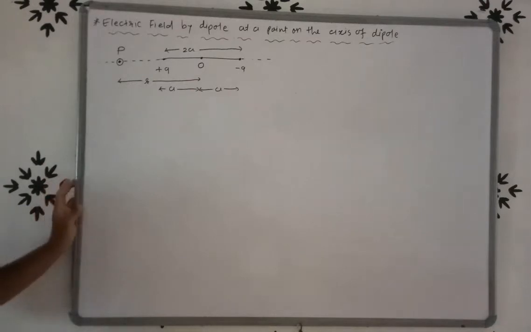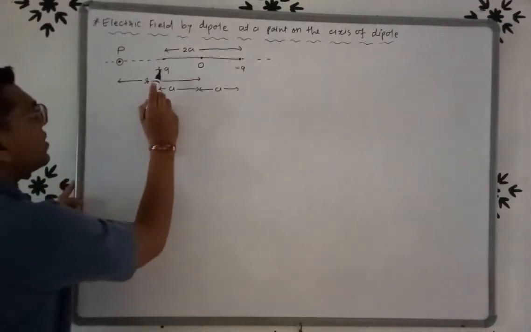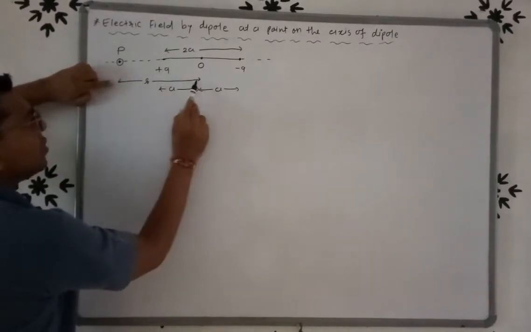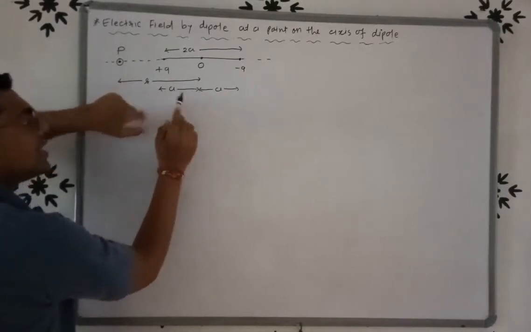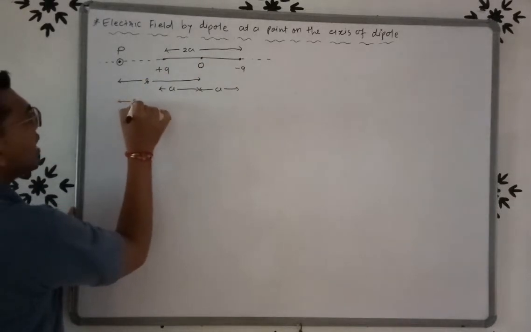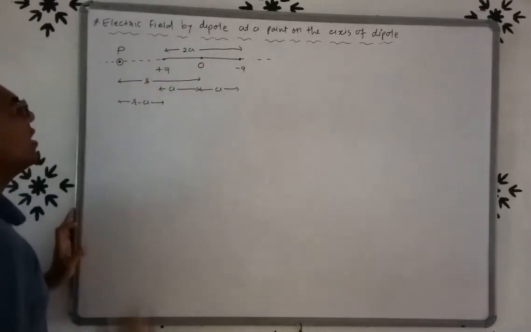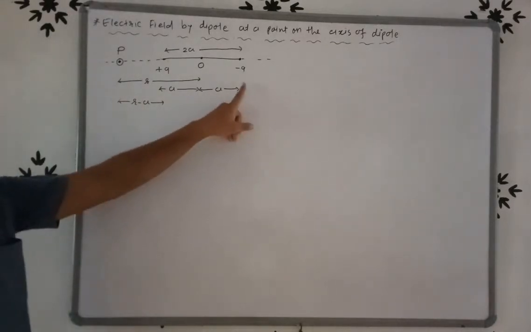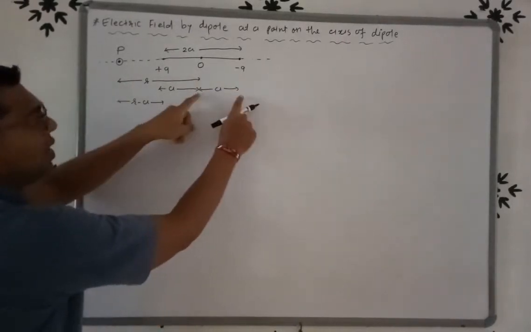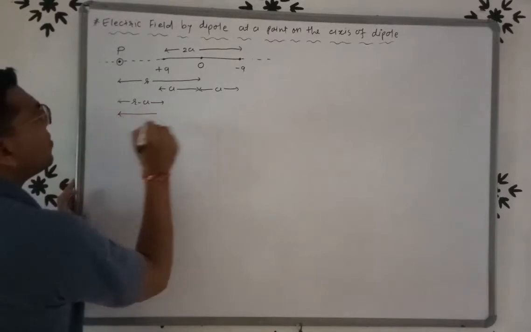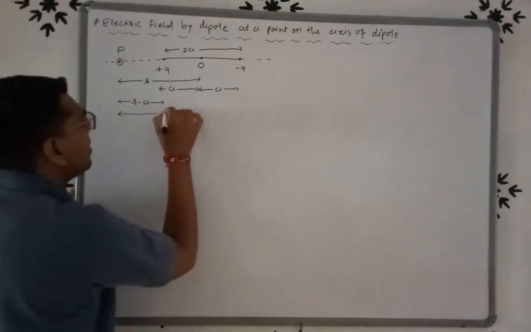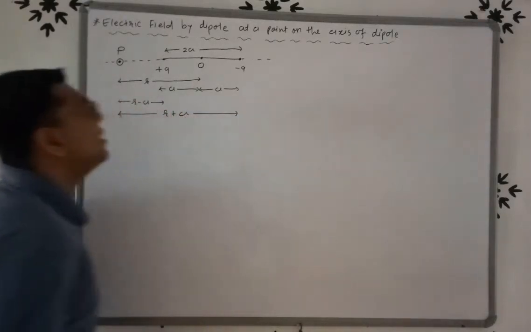So the distance between plus Q and point P: total distance is r and plus Q to O is a. So the distance between plus Q and P is r minus a, right? And the distance between minus Q and point P is r plus a.